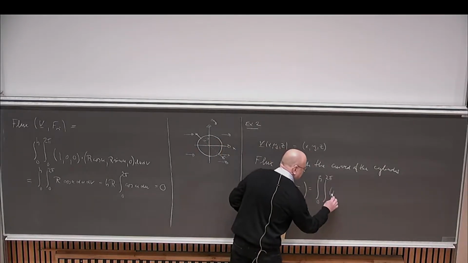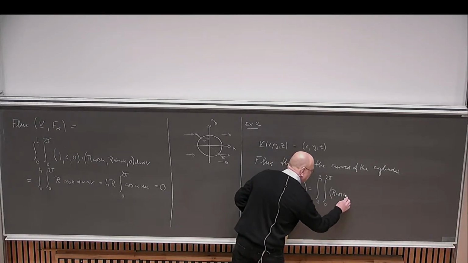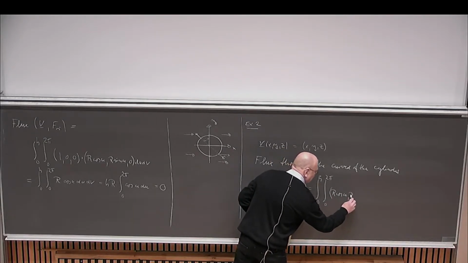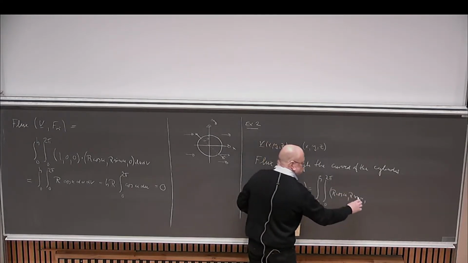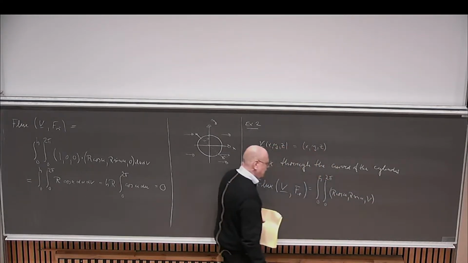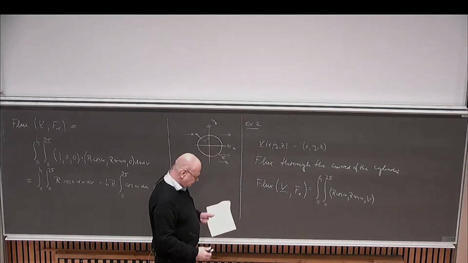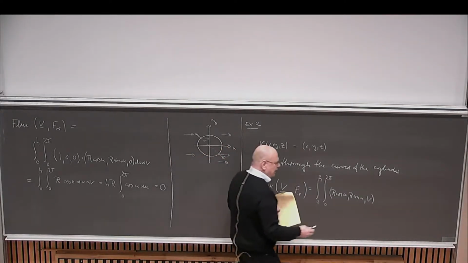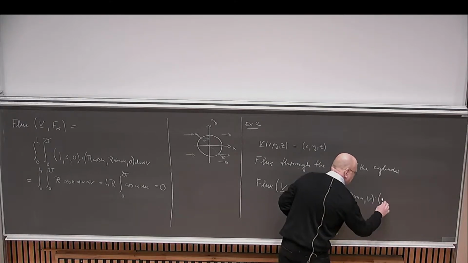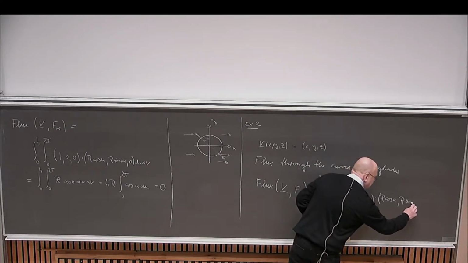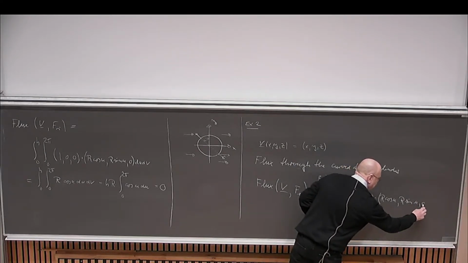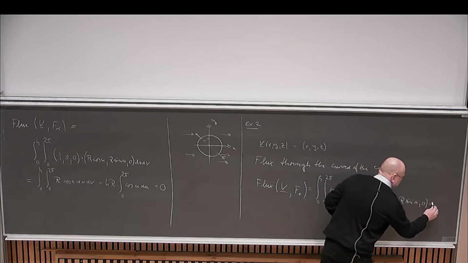And remember, you had r cosine u, r sine u, and then finally for z you get this v here. Again, you should multiply this by the normal vector, and we computed that as r cosine u, r sine u, and 0. And then you should integrate with respect to u and v.